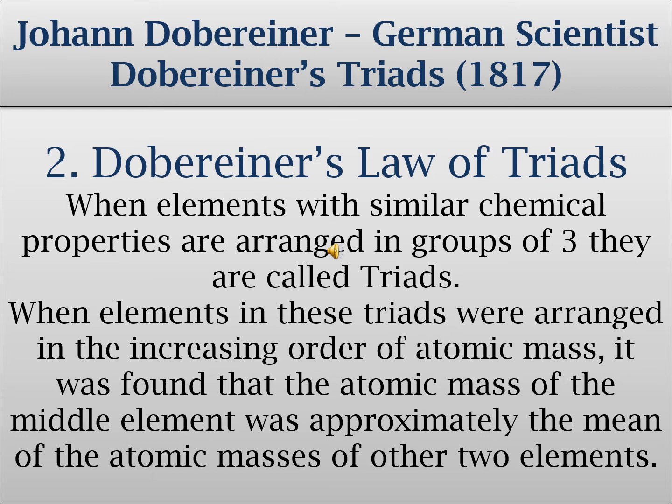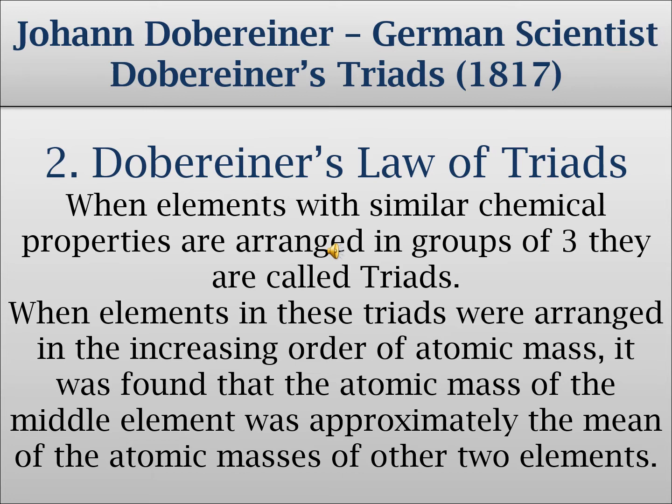So Döbereiner arranged the elements in groups of 3, and those were called triads. The term itself tells you, triad: tri means 3. So he grouped the elements in groups of 3.